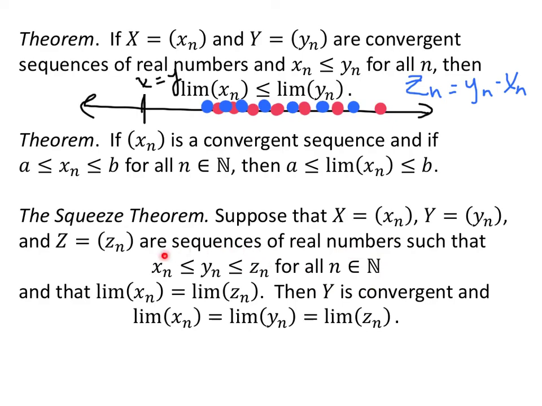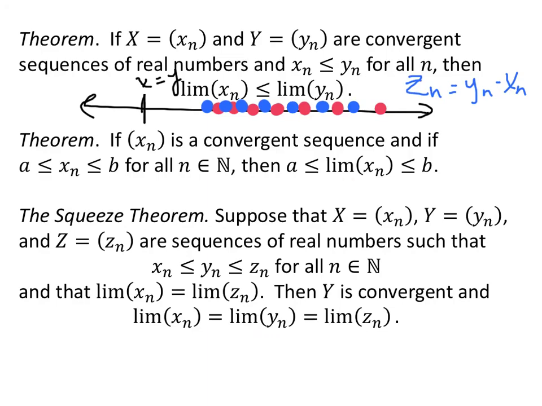Suppose this inequality holds, and I know that x sub n and z sub n both converge to the same value. Then y sub n is squeezed between them, so y sub n has to have the same limit as the other two. And it's really just a build-up of the other theorems that we saw here.